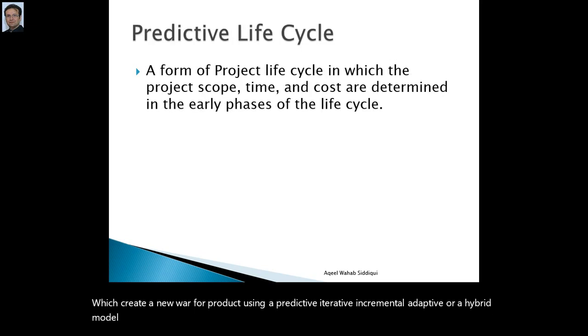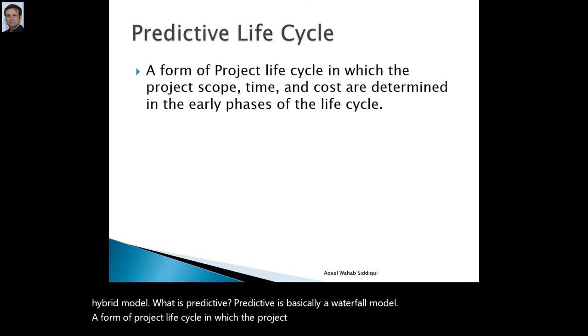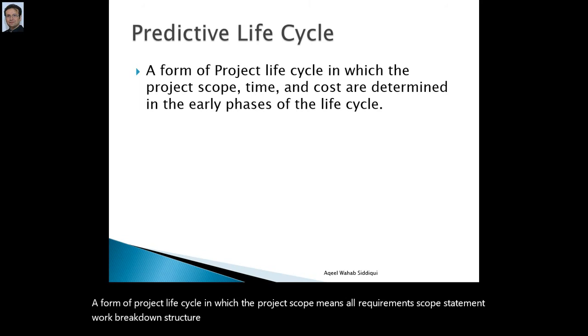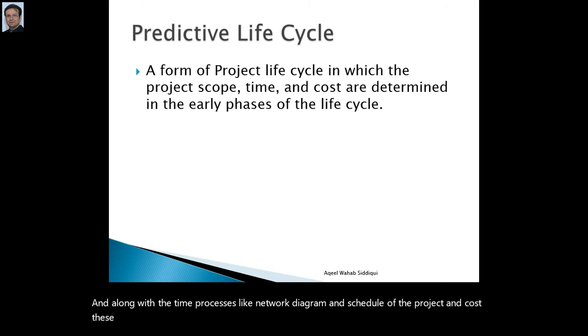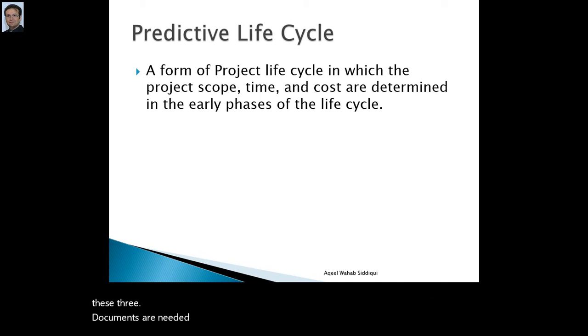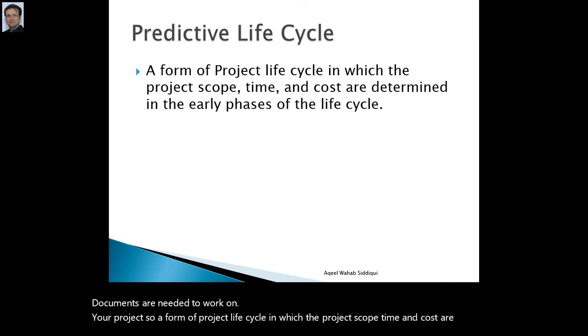Predictive is basically the waterfall model, a form of project life cycle in which the project scope, meaning all requirements, scope statement, work breakdown structure, and WBS dictionary, along with the time processes like network diagram and schedule of the project, and cost, are determined in the early phases of the life cycle. These three are needed to work on your project.